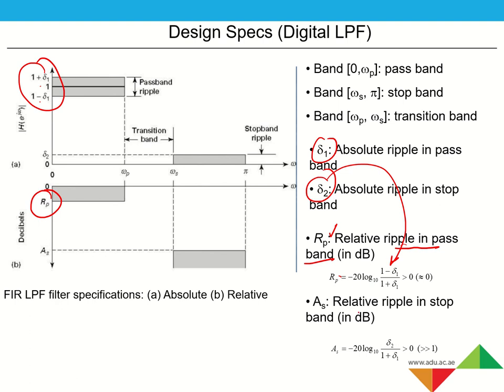Similarly, it defines the relative ripple in the stop band. When you design a filter in MATLAB, you will come across these parameters. It is the same concept, the ripple in the pass band and the ripple in the stop band, but we define them in dB using these relationships.